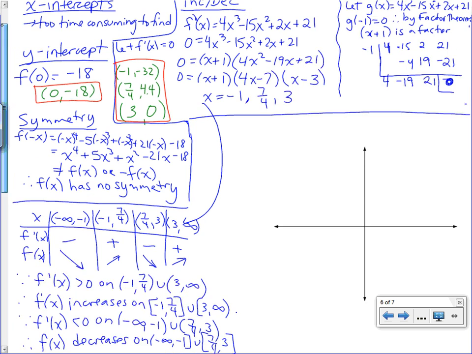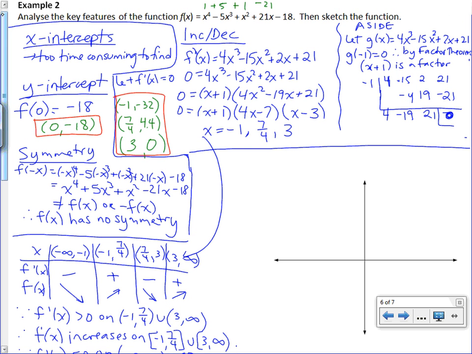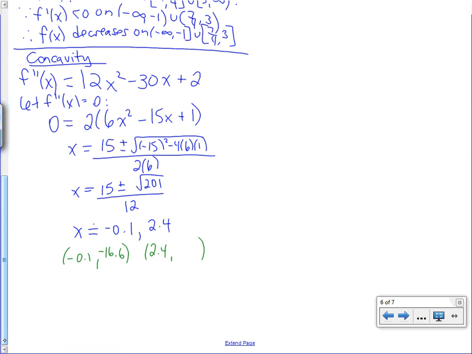So that's stored in answer. Now answer to the 4 minus 5 times answer cubed plus answer squared plus 21 times answer minus 18. So 2.1 approximately. So there are my last 2 points that'll help me anchor everything.